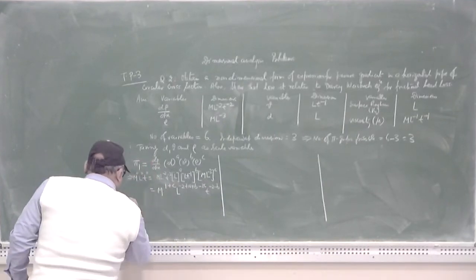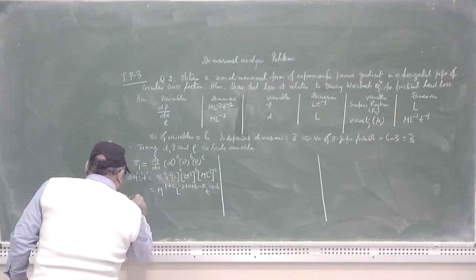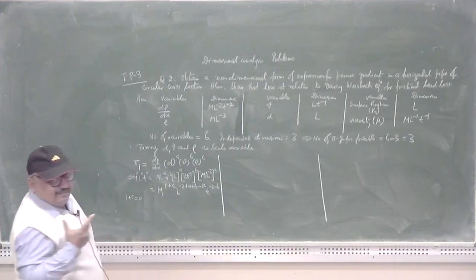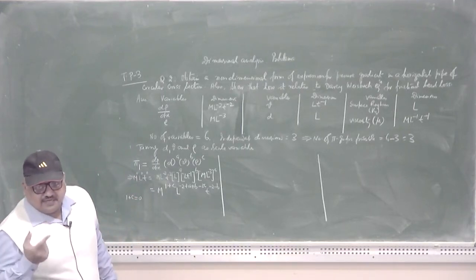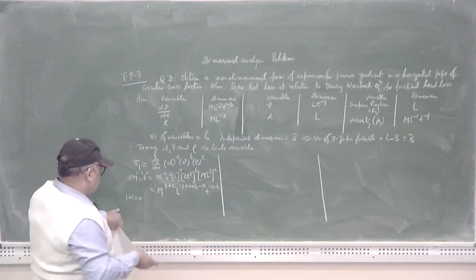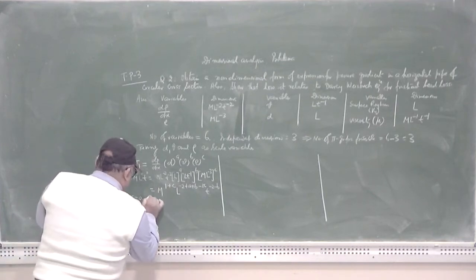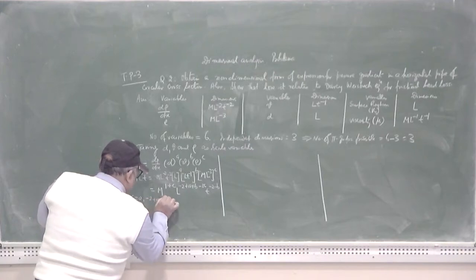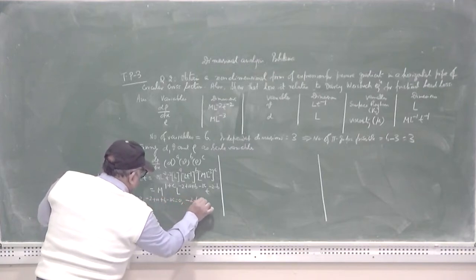So, the 3 variables are there, a, b and c, corresponding to 3 linear equations you have: 1 plus c is equal to 0, minus 2 plus a plus b minus 3c is equal to 0, minus 2 minus b is equal to 0.